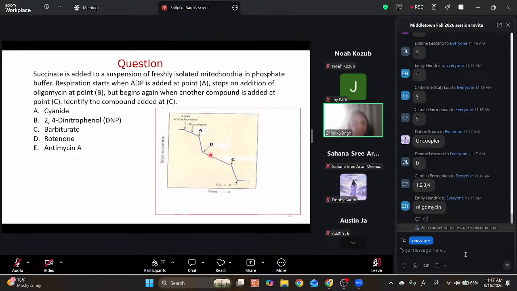Can B be an uncoupler? Yes: complexes 1, 2, 3, 4 and oligomycin. B cannot be an uncoupler because C is the uncoupler, as there's again a steep fall in oxygen concentration. That means the ETC is going on and on and on. There is increased oxygen consumption and this is the uncoupler.